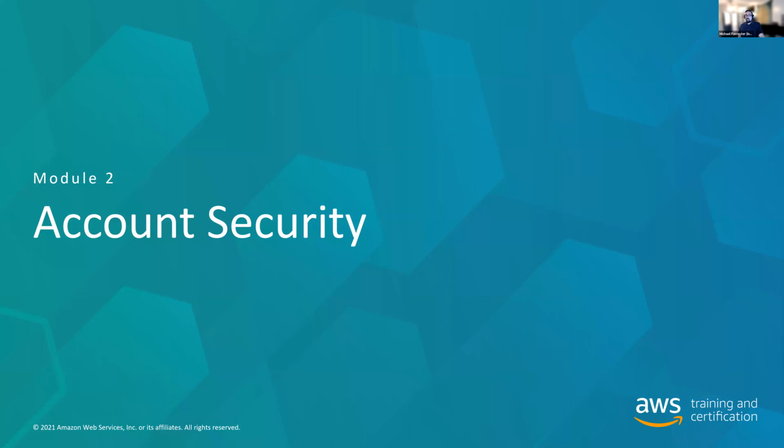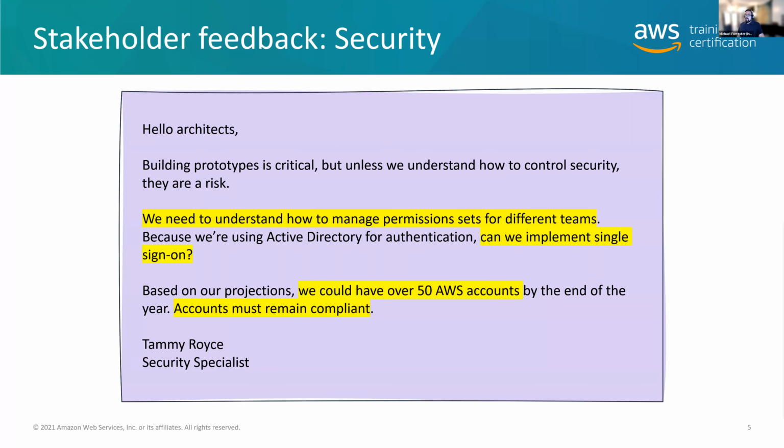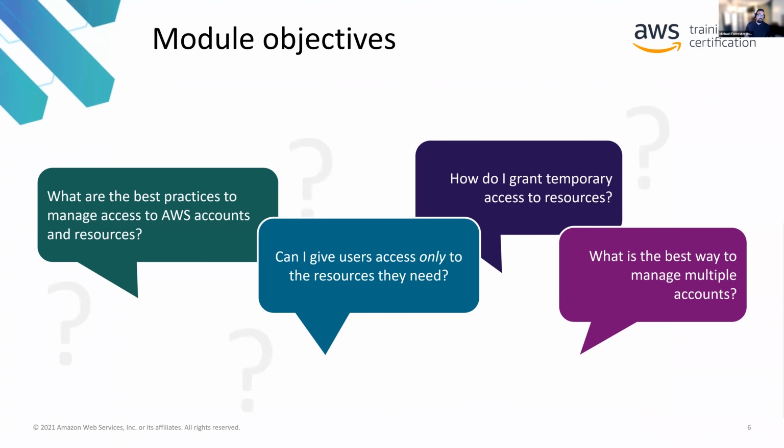So let's talk about account security. Now, the stakeholder feedback is mainly about security for this, right? Because we want to understand how we can grant different access, permission sets, basically. How can we implement single sign-on? Because we also want to make it easy for security to function. And then how do we manage multiple accounts? If I've got 700 accounts, how do I manage that, enforce compliance, restrict access to certain types of services? How do I do that?